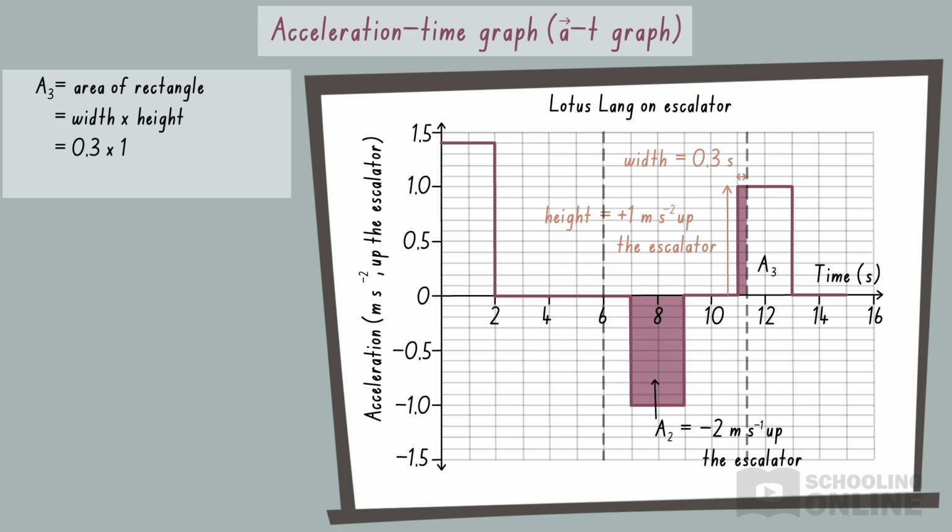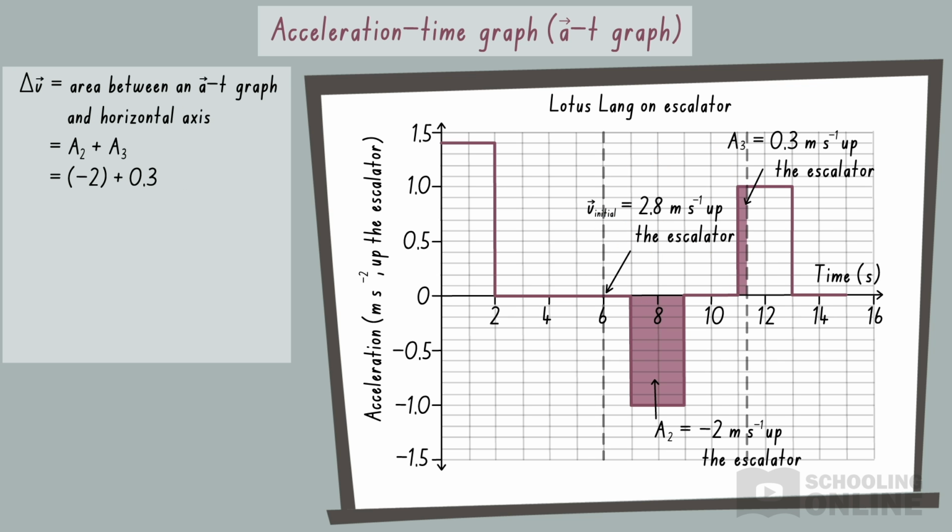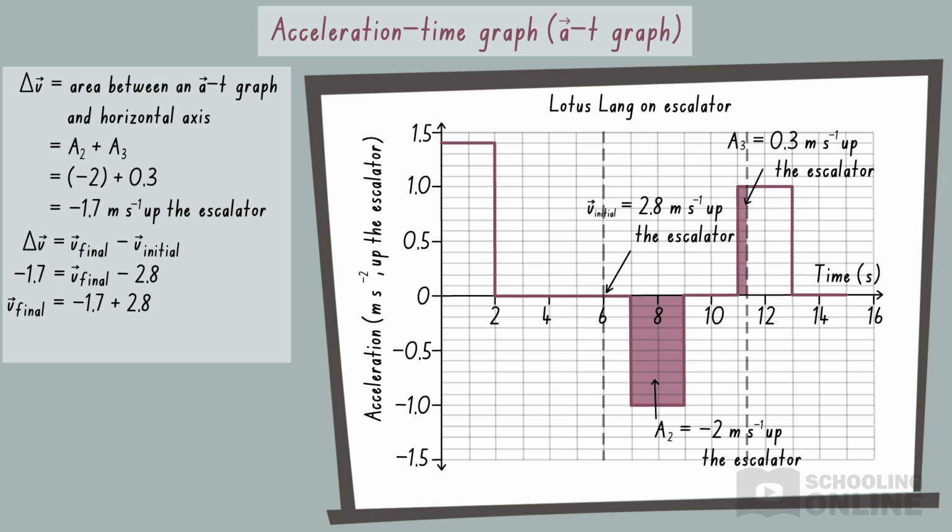The last region has an area of 0.3 metres per second up the escalator. Consequently, her change in velocity is minus 1.7 metres per second up the escalator, and her final velocity after 11.3 seconds is 1.1 metre per second up the escalator.